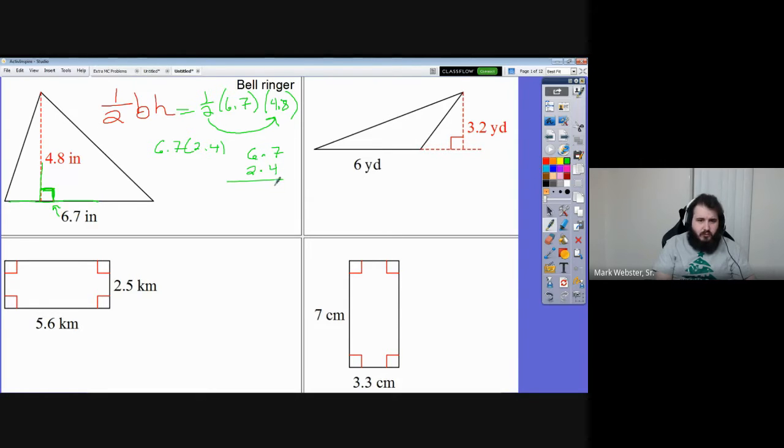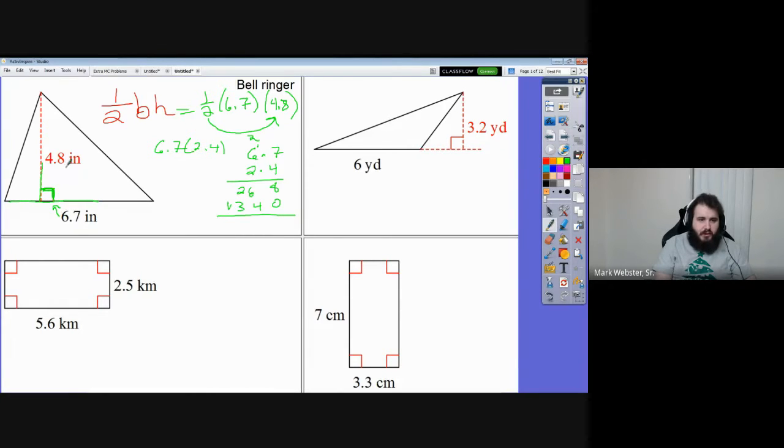7 times 4 is 28. 6 times 4 is 24 plus 2 is 26. 2 times 7 is 14. 2 times 6 is 12 plus 1 is 13.